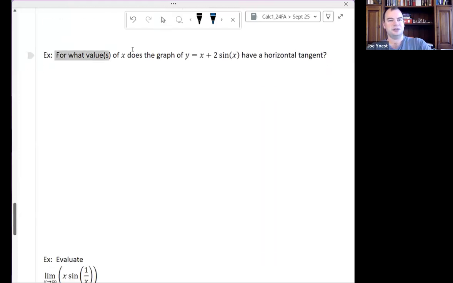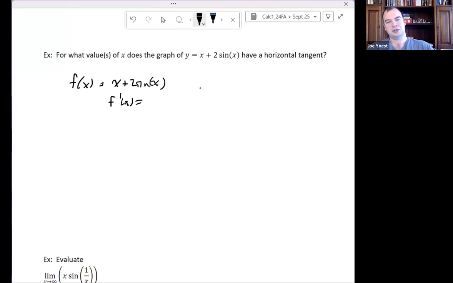Okay, so we have an example. For what values of x does the graph of y equals x plus 2 sine x have a horizontal tangent? So we want to know, when f of x equals x plus 2 sine x, when does f prime of x equal 0?